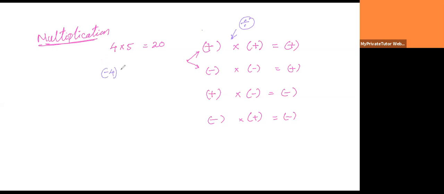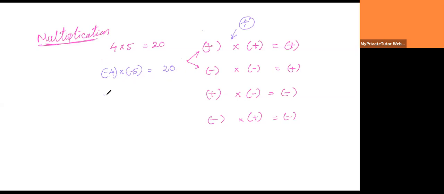Minus 4 times minus 5. 4 times 5 is 20, minus times minus. If you are multiplying two negative signs, we'll get a positive. So you can write positive 20 or even 20 is fine, because 20 is nothing but a positive 20.